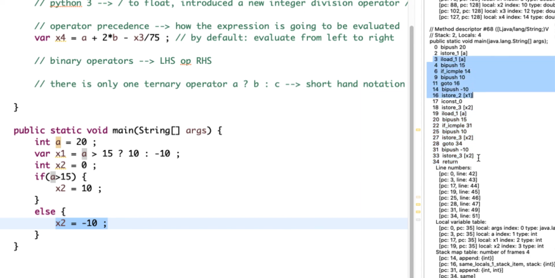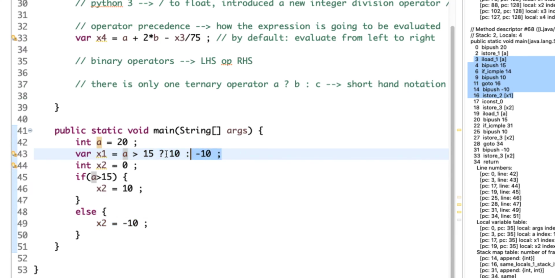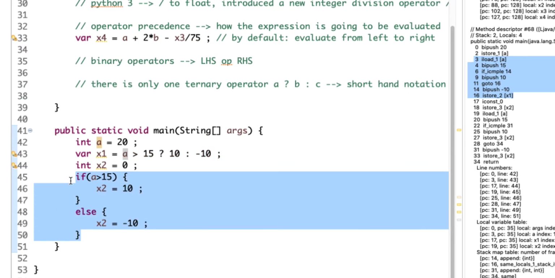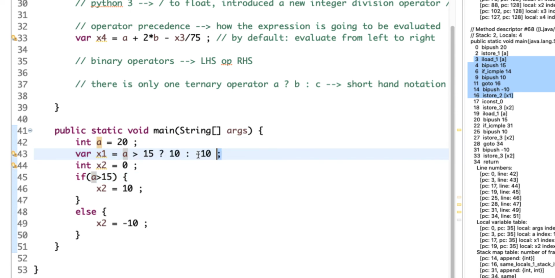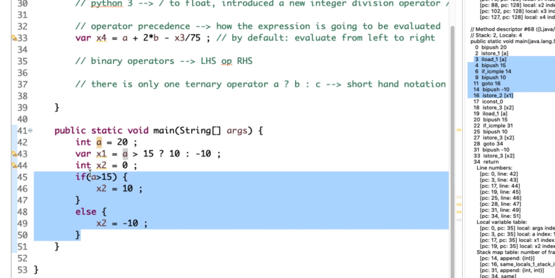There is no difference, right? Which means this ternary operator is exactly equivalent to explicitly writing an if-else statement. There is really no difference in the bytecode, because 1, 2, 3, 4, 5, 6, 7 lines of code are exactly the same.